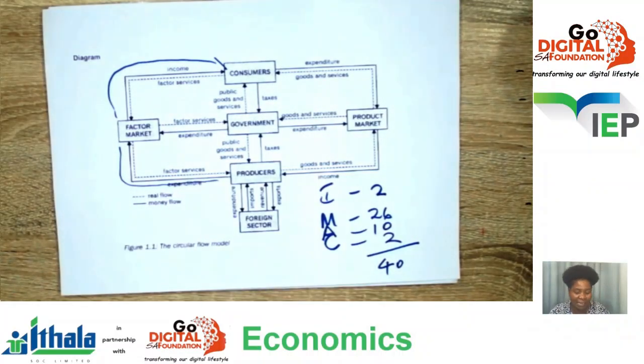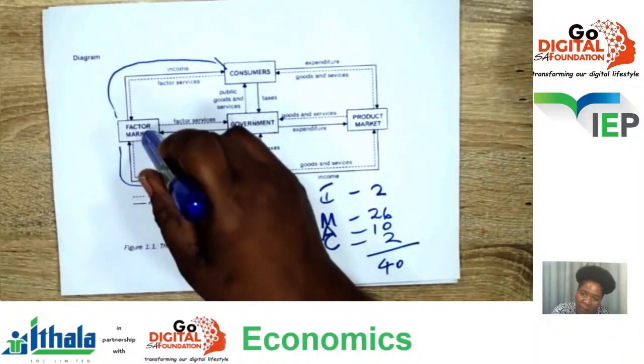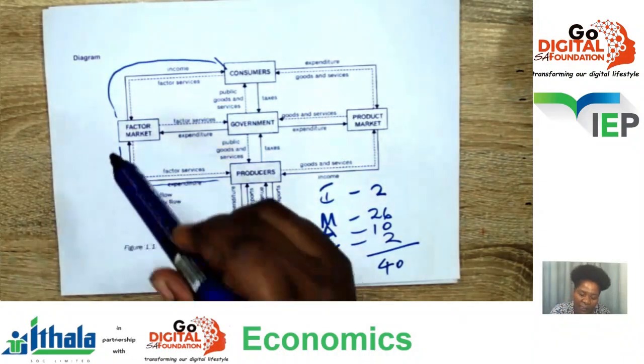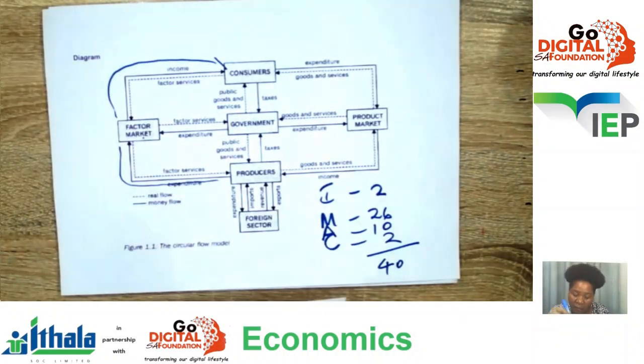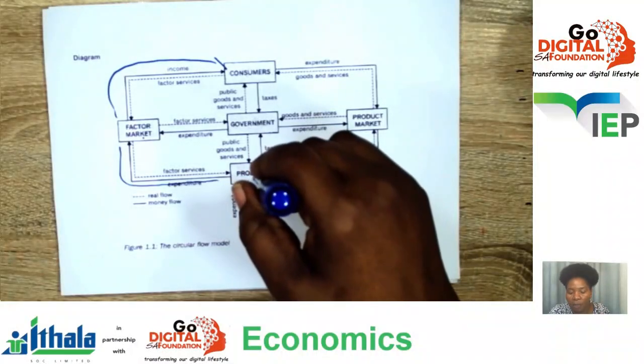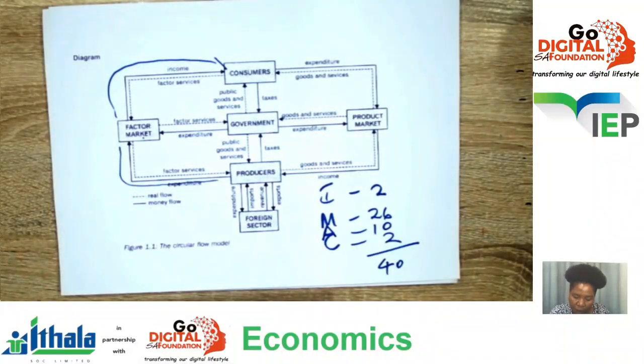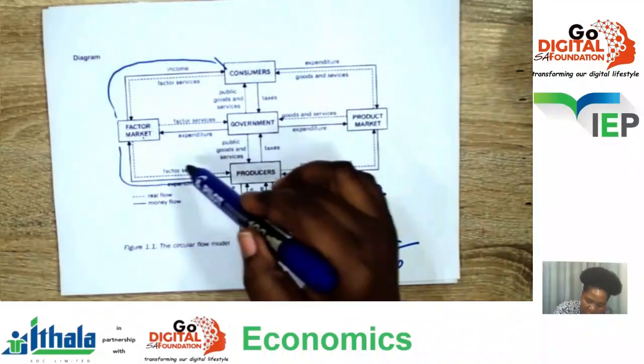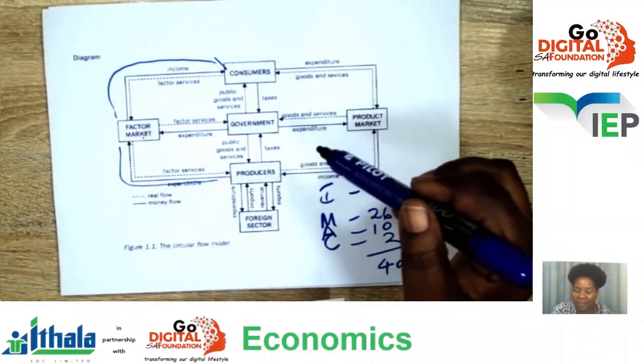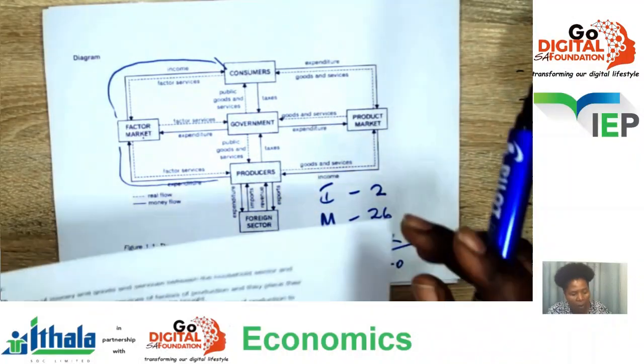Factor services doesn't only include human beings. That is where we also get raw material. That is where we also get capital, all the machinery that we need in order to produce. All this, when it happens, it's because we expect an income.